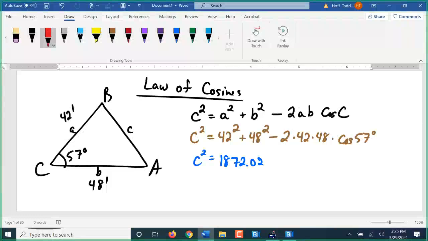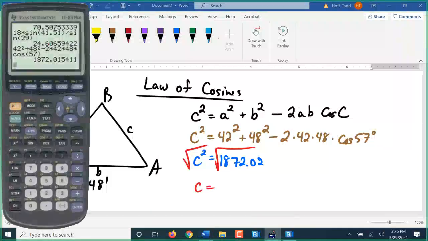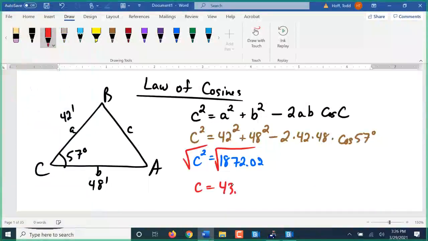How do I get C? Notice again, I did not clear my calculator, so I'm just going to do second, square root, previous answer, 43.27. 43.27 feet.